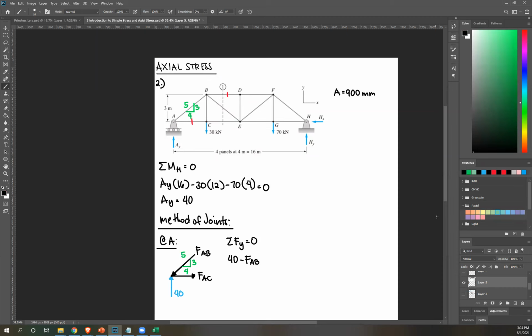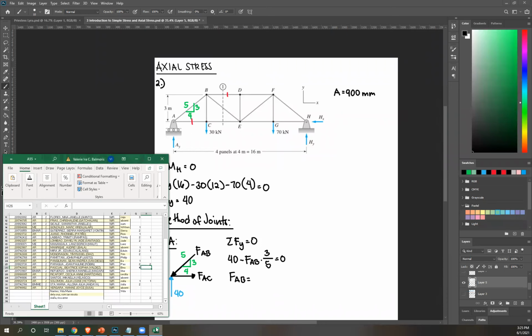Now put that into our equation. We're using Fy, so we need the vertical side. So that's 3, so times 3 over hypotenuse 5. There are no other forces that have a vertical component. Equate that to 0. Please solve for FAB. Correct, it's 66.67.